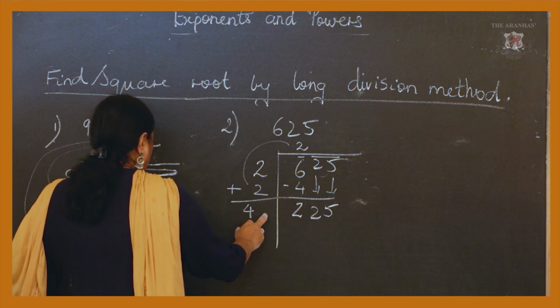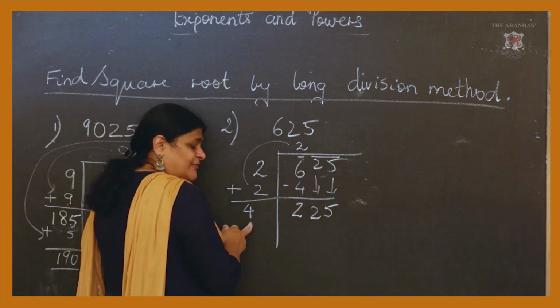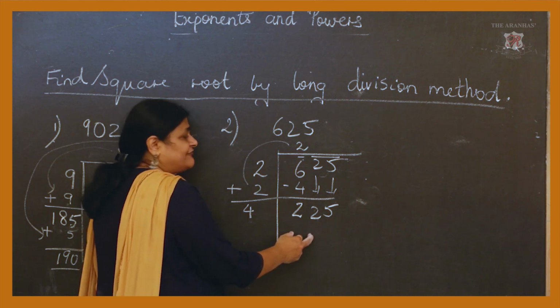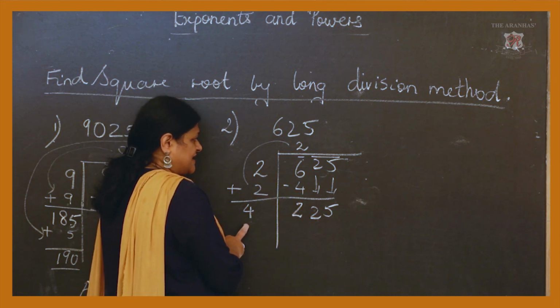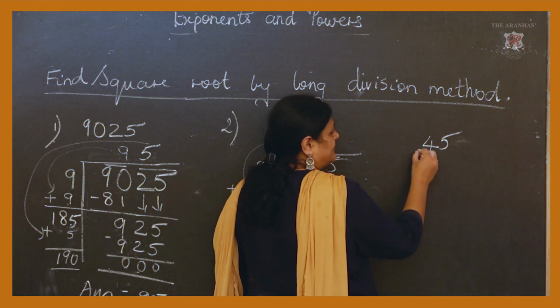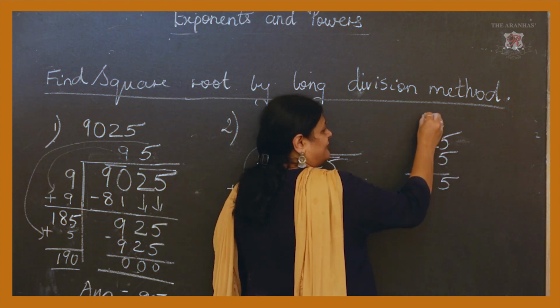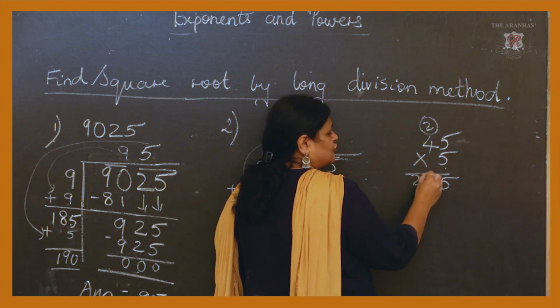Here you are going to take one number which, multiplied along with this number, gives you 225. Suppose I am taking 45 into 5. 5 5s are 25, 5 4s are 20 plus 2, 22.